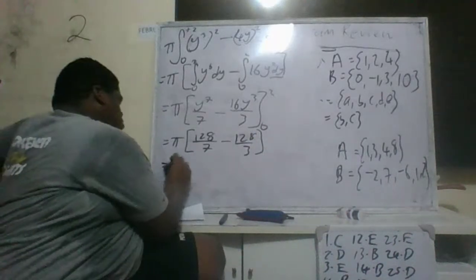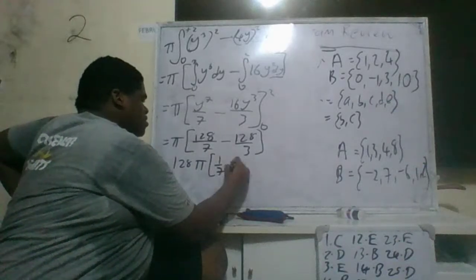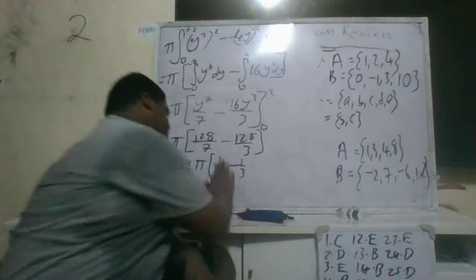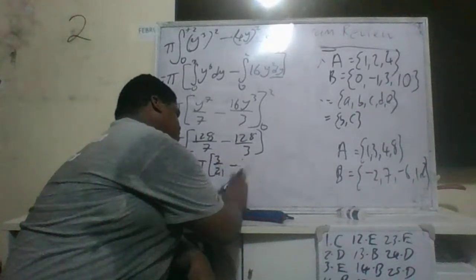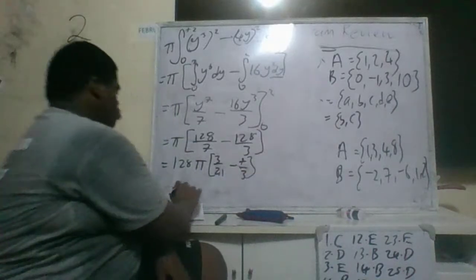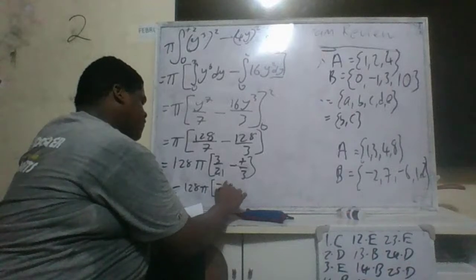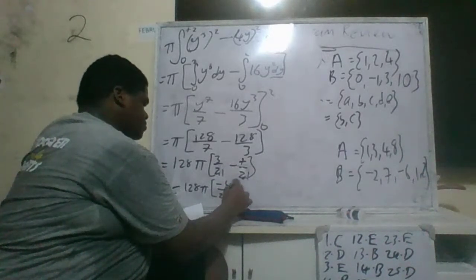So what we have here is 128 pi times (1 over 7 minus 1 over 3). 1 over 7 minus 1 over 3 is the same thing as 3 over 21 minus 7 over 21. And this is equal to 128 pi times -4 over 21.